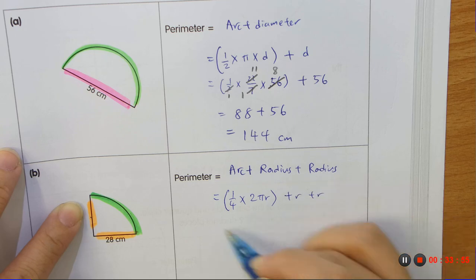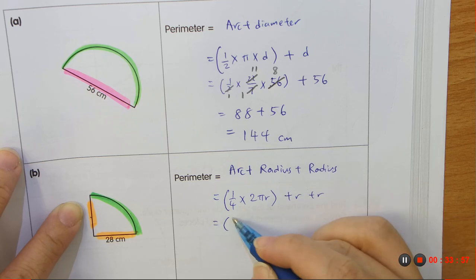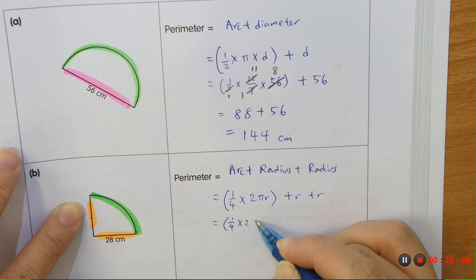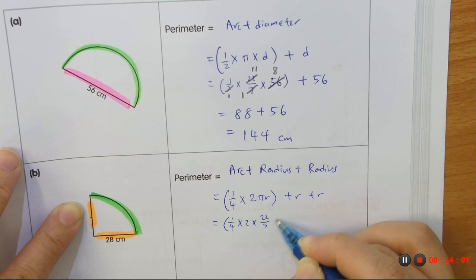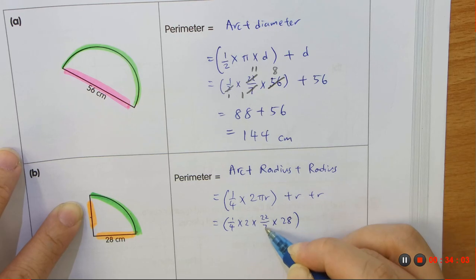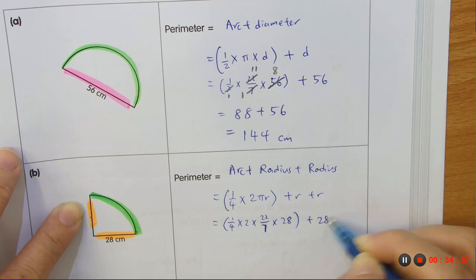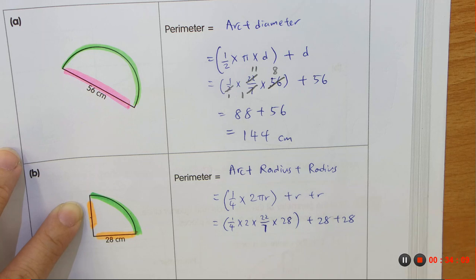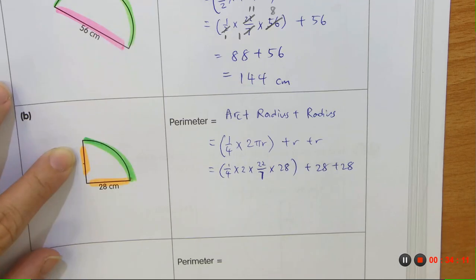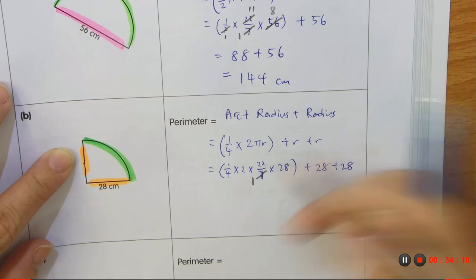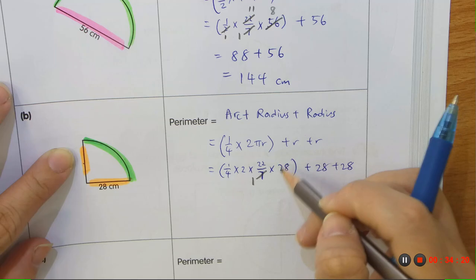In this case, I don't have the diameter, so I will do 1/4 times 2 times pi 22/7 times radius 28, plus radius 28 plus radius 28. I can simplify the 7. Simplify this to 4.